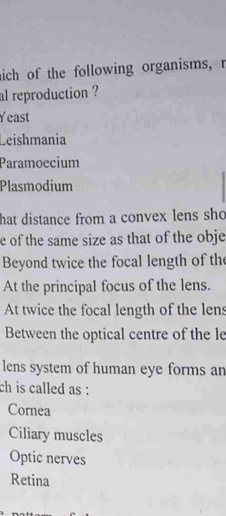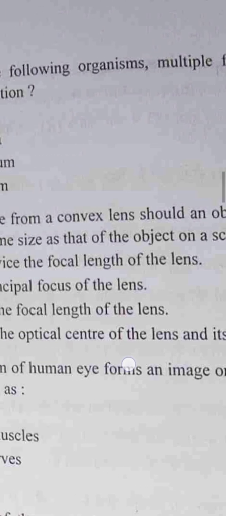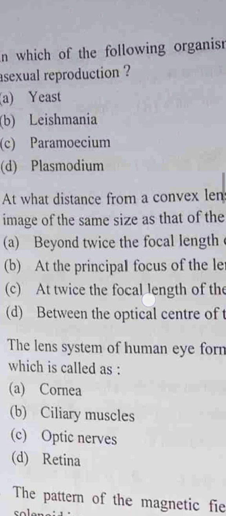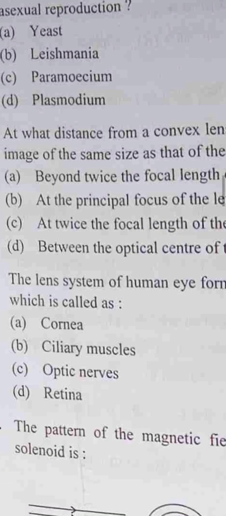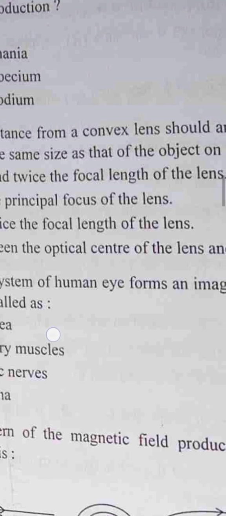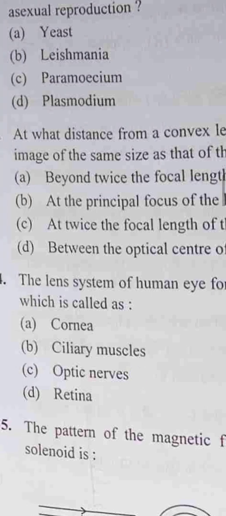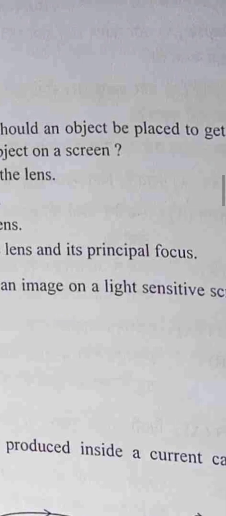No. At twice the focal length, that is at the center of curvature. It is the correct option, because beyond that the image will be smaller, and when it is at focal length the image will be very much large, and when the object is between the optical center of the lens and its principal focus, the image will be highly enlarged, on the same side, and virtual.